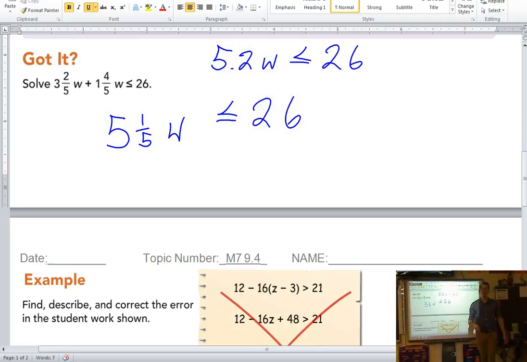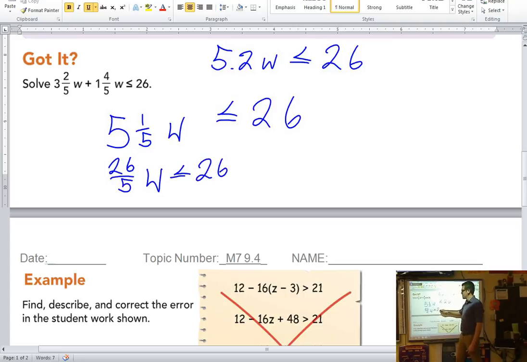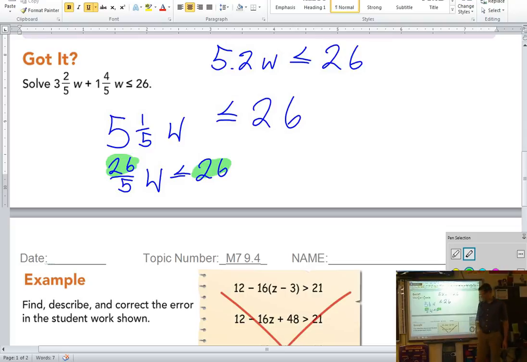Did anyone go a route that was not decimal route? Yeah, we can also go improper fraction route. So we could go 26 fifths W is less than or equal to 26. Now, here's what's really nice about doing 26 fifths. Anyone see it yet? Watch what will happen.